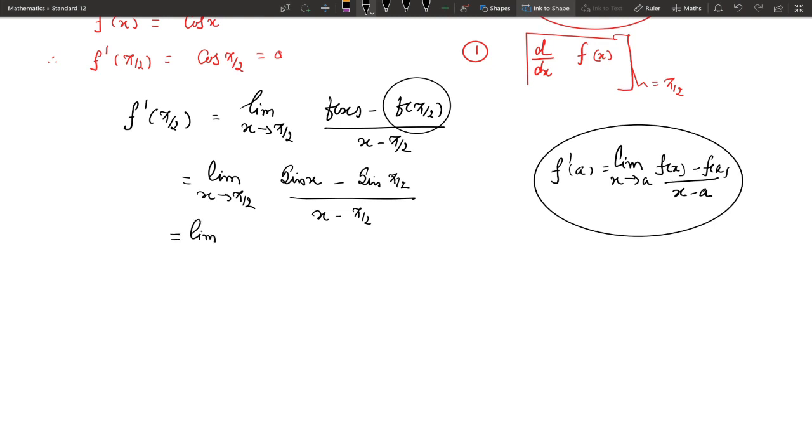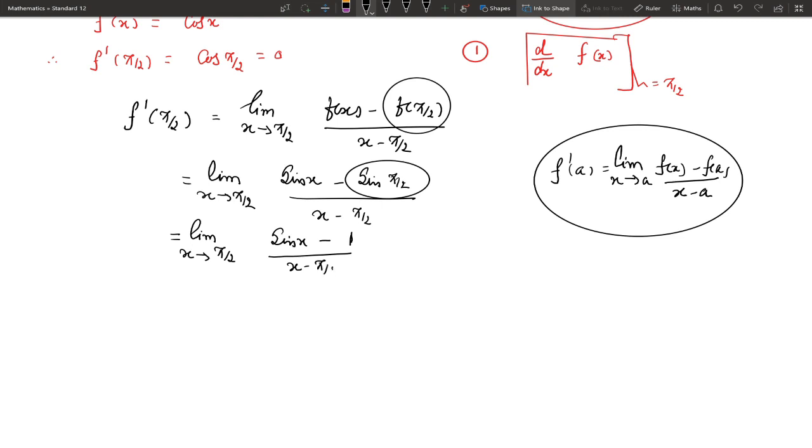This is the limit as x tends to pi by 2 of sin x minus 1 upon x minus pi by 2.